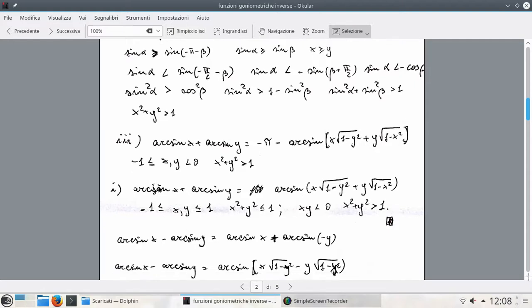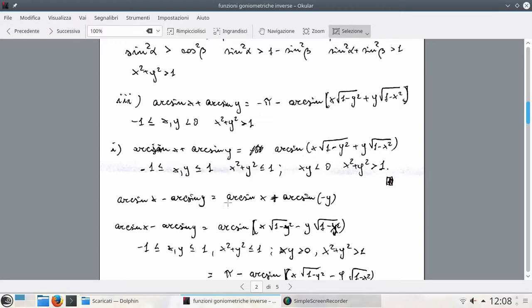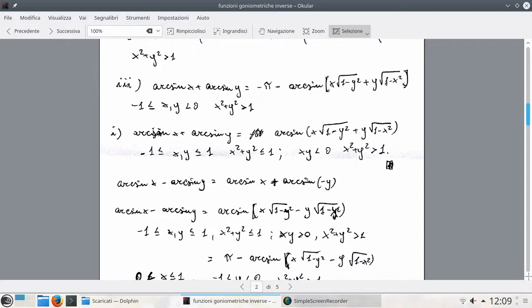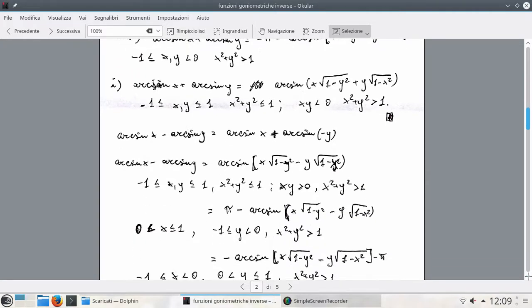Taking into account that arcsin x minus arcsin y equals arcsin x plus arcsin of minus y, and considering the symmetry of the interval of definition of arcsin, we can easily rewrite the formulas of subtraction for arcsin in the following three ways, with the relations written under the equality.